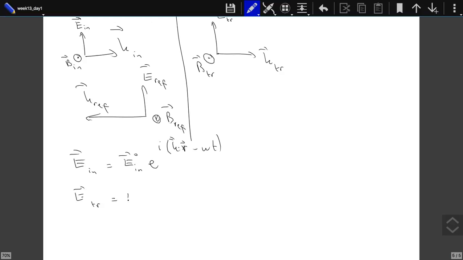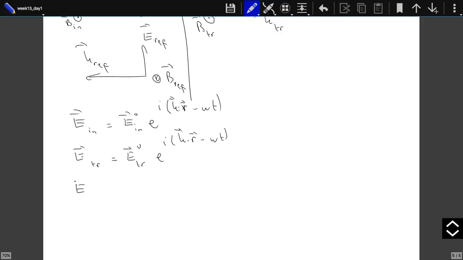E transmitted will be E transmitted 0 e to the power i k dot r minus omega t. And E reflected will be E reflected 0 e to the power i k reflected dot r minus omega t.